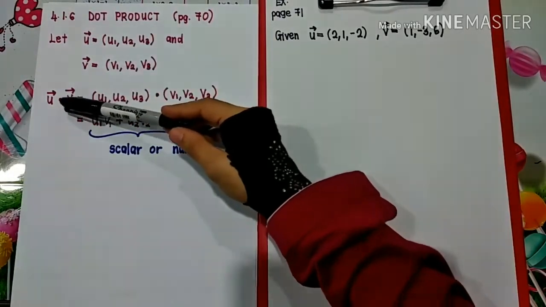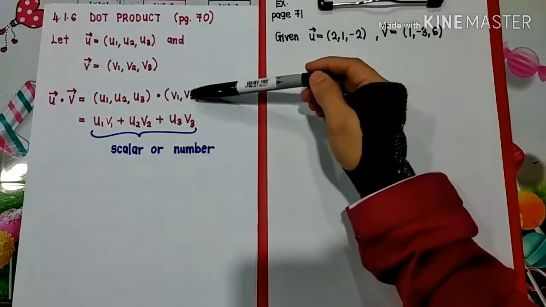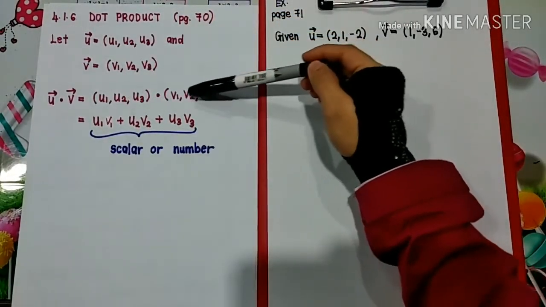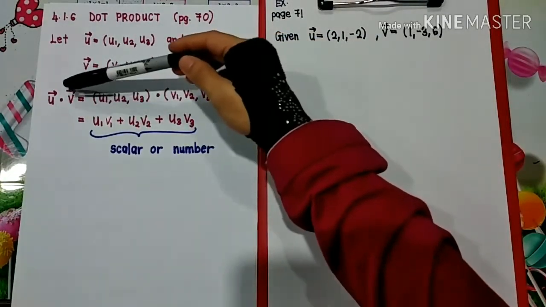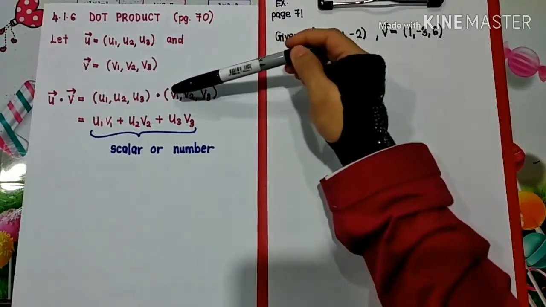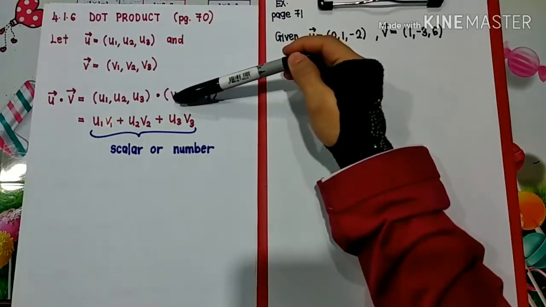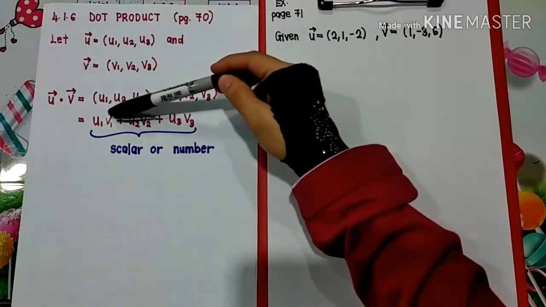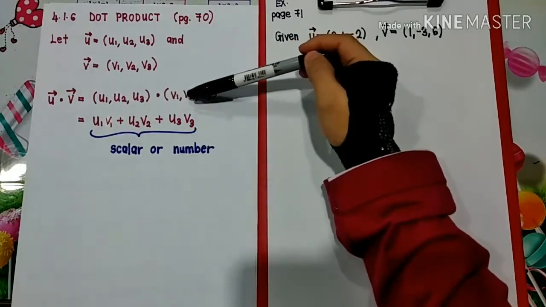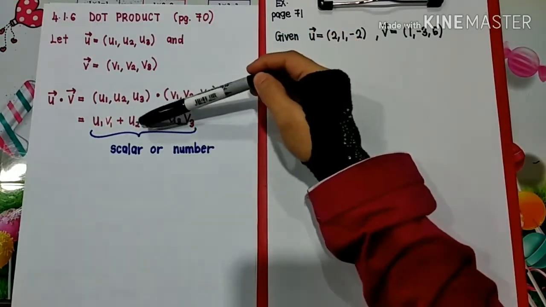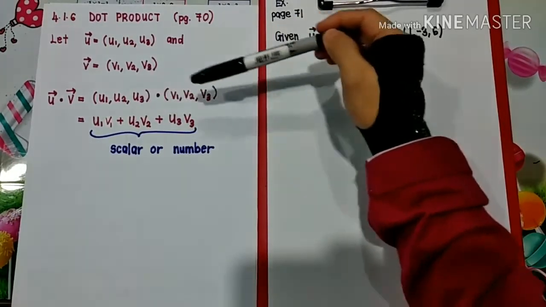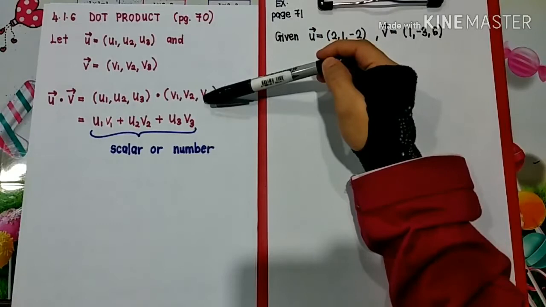To solve it, you multiply u1 with v1, plus u2 with v2, plus u3 with v3.